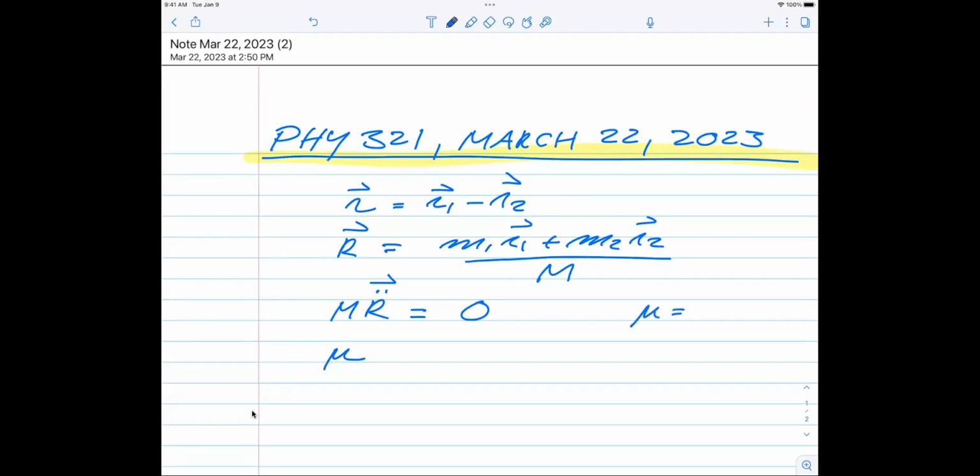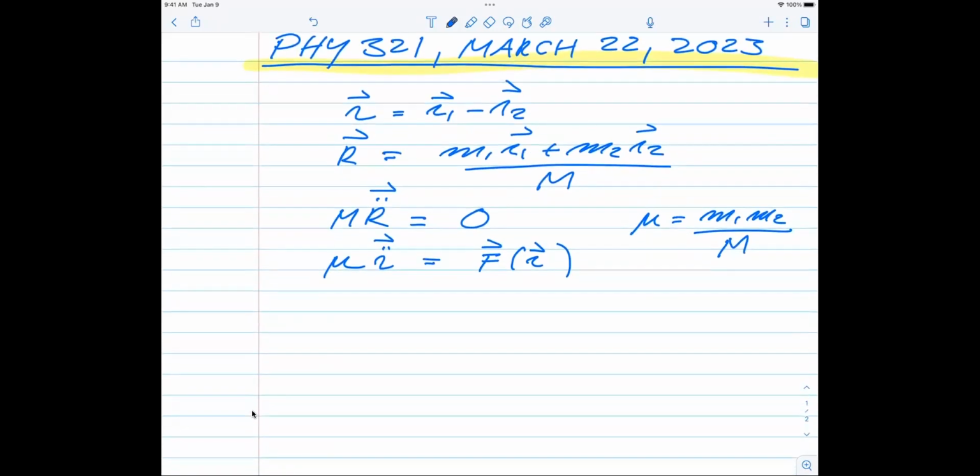And then the other equation of motion which we have is in terms of the relative mass. So let me just quickly remind you of that one. So that was M1 multiplied with M2 divided by the total mass. And then we had the acceleration for the relative motion, which was equal to the force, which also depends on the vector. And in our case, this is given by minus gamma, and since we were looking at the gravitational force, this is given by R divided by R cubed.